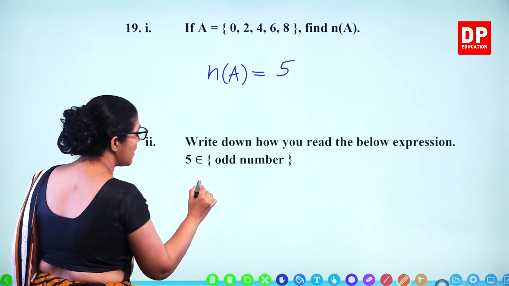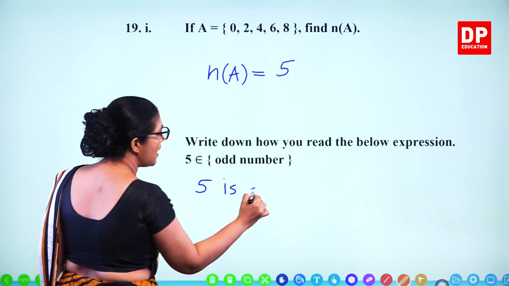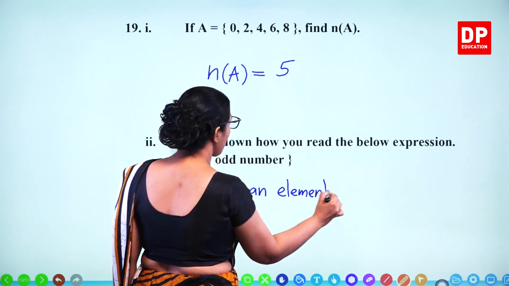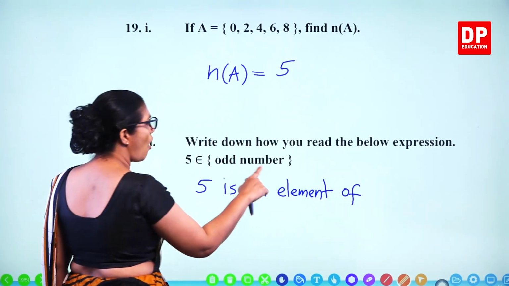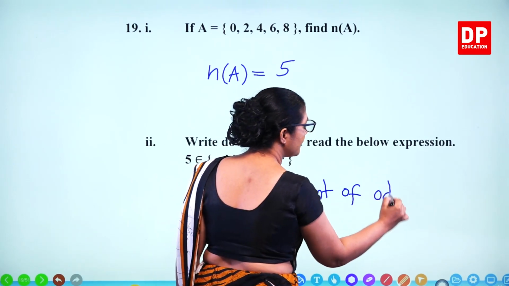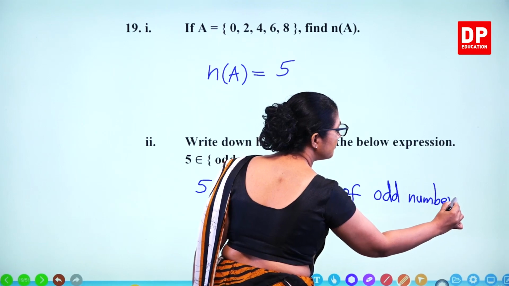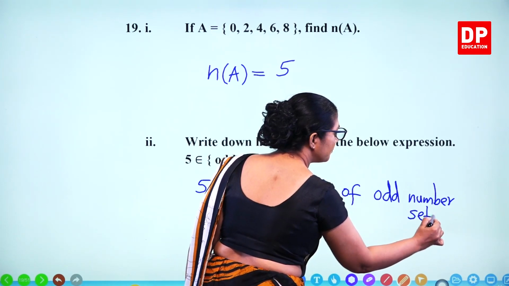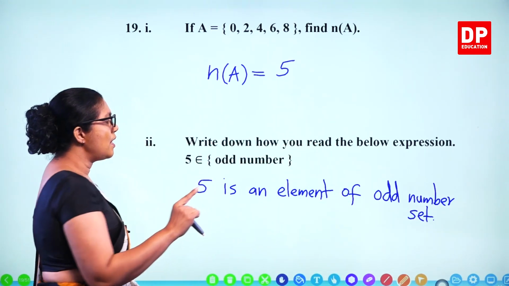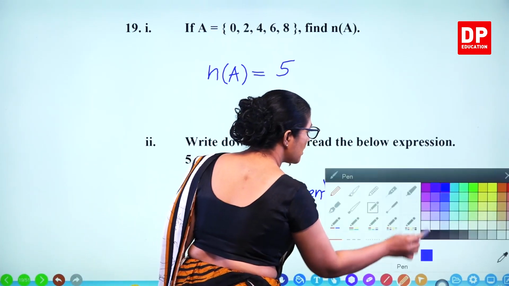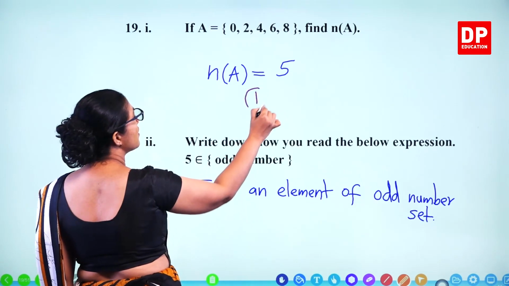So here you can say 5 is an element of the odd number set. So you get 2 marks, 1 mark each.